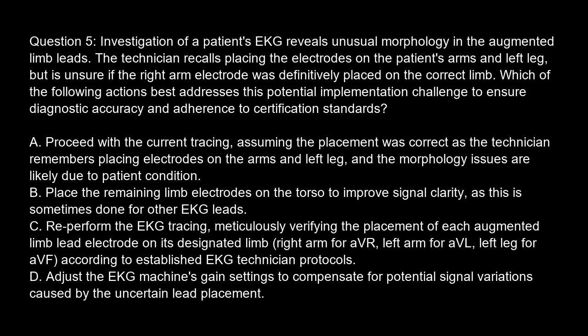Option C. Reperform the EKG tracing, meticulously verifying the placement of each augmented limb lead electrode on its designated limb, right arm for aVR, left arm for aVL, left leg for aVF, according to established EKG technician protocols. Option D. Adjust the EKG machine's gain settings to compensate for potential signal variations caused by the uncertain lead placement.